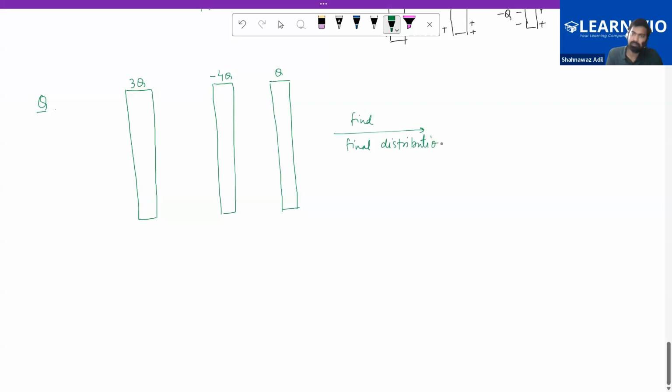You already have the idea, so please solve it and find the final distribution. Whenever you get the answer, please tell.